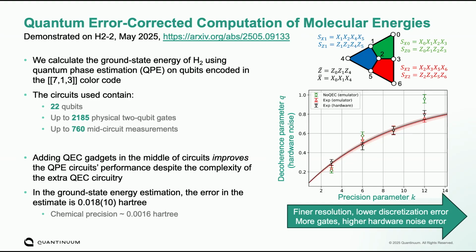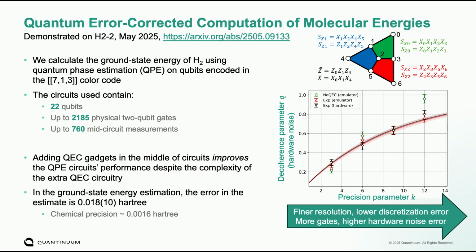And if we do the no QEC versus the experiment, that's essentially adding QEC gadgets in the middle. And what we find is that adding QEC gadgets in the middle of this circuit actually improves the results of the QPE for higher precision parameters where we have more gates, rather than making it worse, which is kind of exciting.